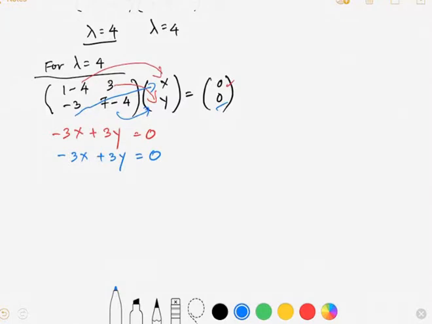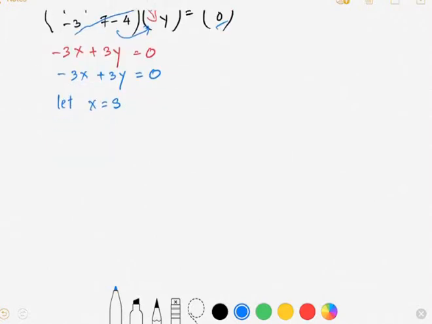Okay, then you let x equal to s. So you have negative 3s plus 3y equal to 0. So y equals 3s over 3, which is s.